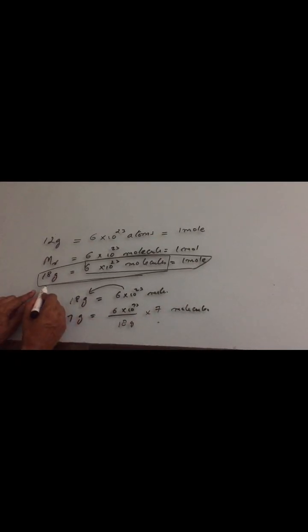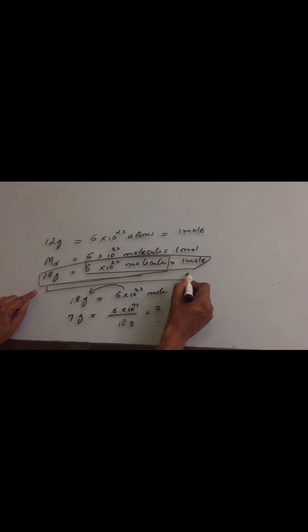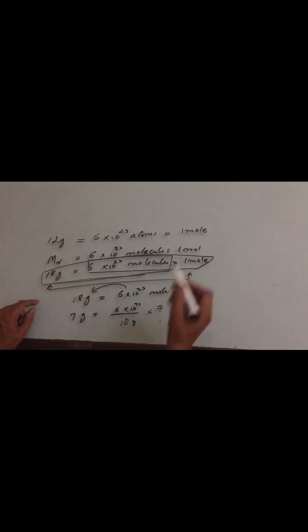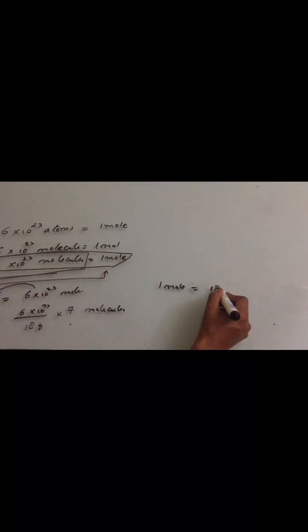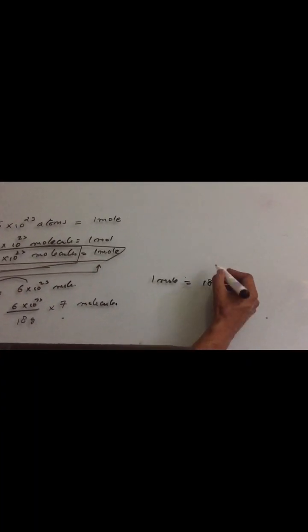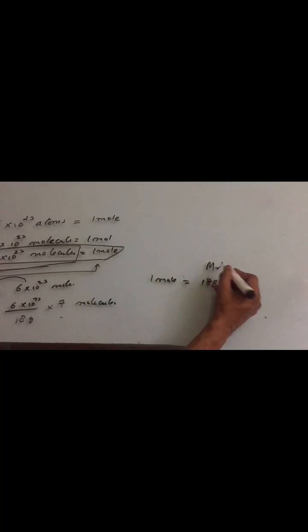Same way, let's calculate with the mass and mole values. You can connect 1 mole with this mass. In 1 mole you have 18 grams, and that 18 grams is the molecular mass.